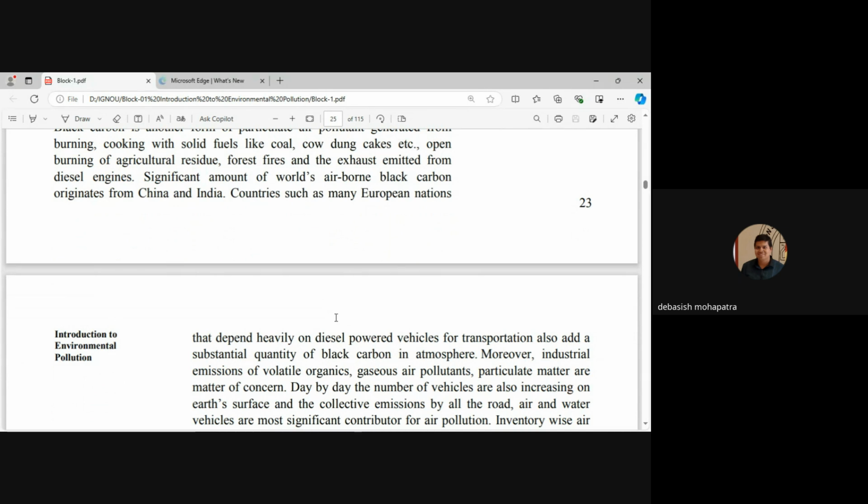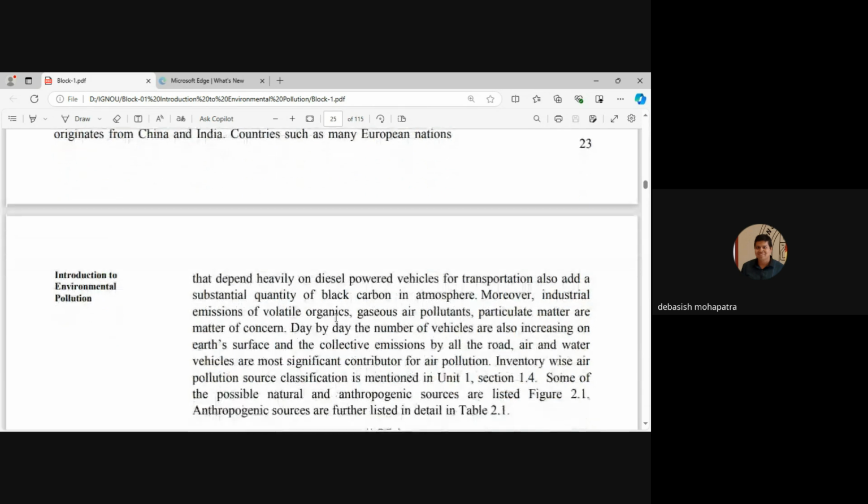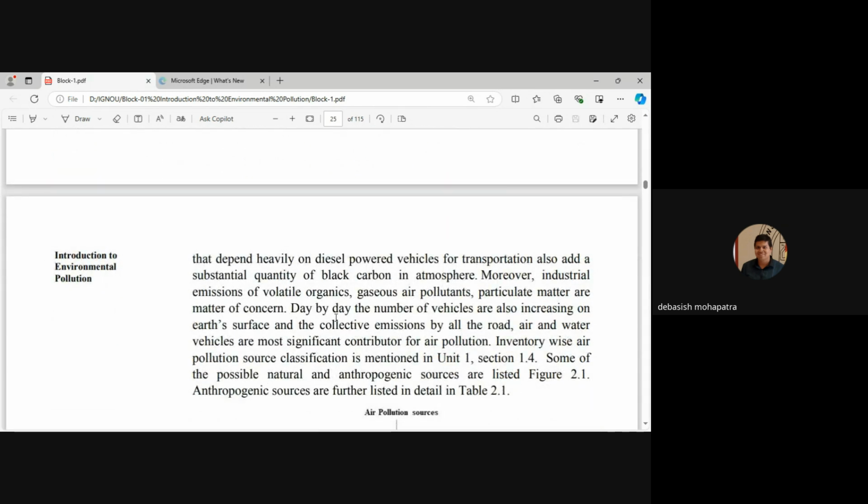Here one point is there: a significant amount of the world's airborne black carbon originates from China and India. Countries such as many European nations that depend on diesel powered vehicles for transport also add a substantial quantity of black carbon to the atmosphere, because this carbon is emitted from our vehicles.